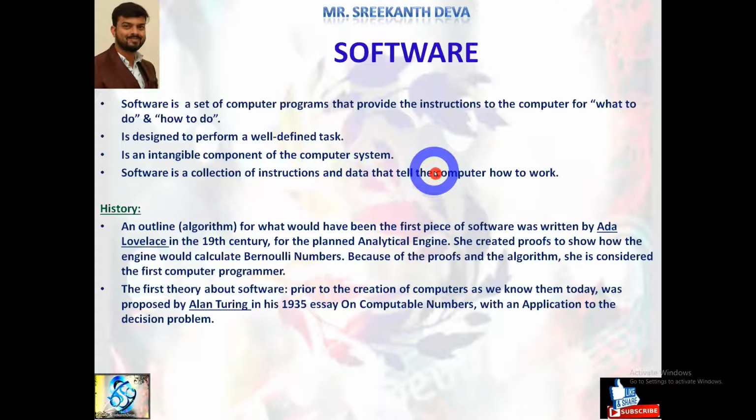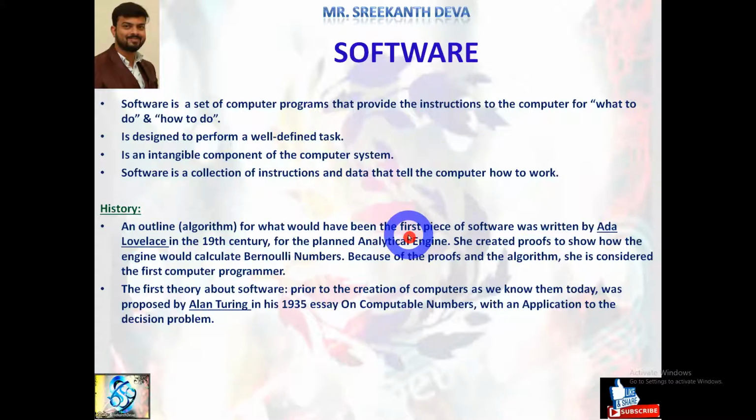Fine. What is a software? See, software is a set of computer programs that provides the instructions to the computer for what to do and how to do. In other words, simply, software is a set of programs which is designed to perform a well-defined task.